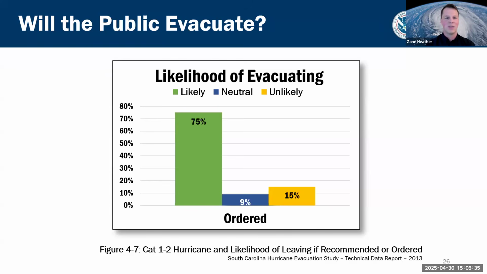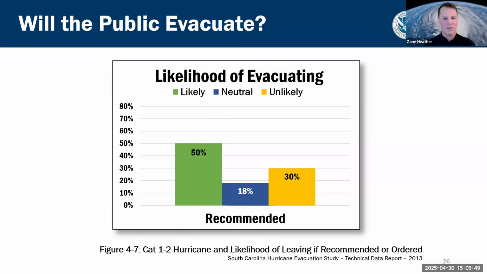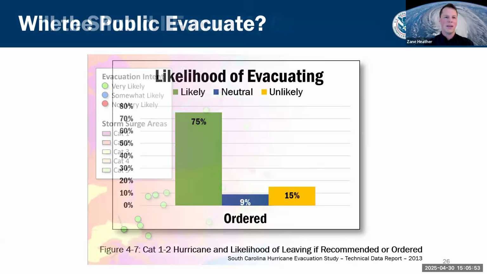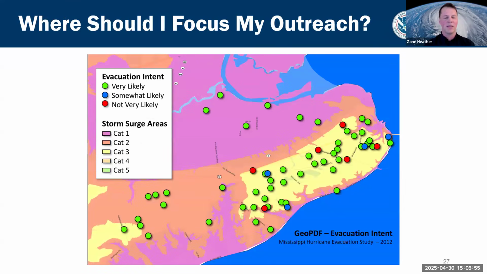We've seen in our surveys that the way those orders are pushed out and the language used is extremely important. And so that ordered or mandatory evacuation typically drives more population participation than a recommendation, or, as you see here, a voluntary recommended order.